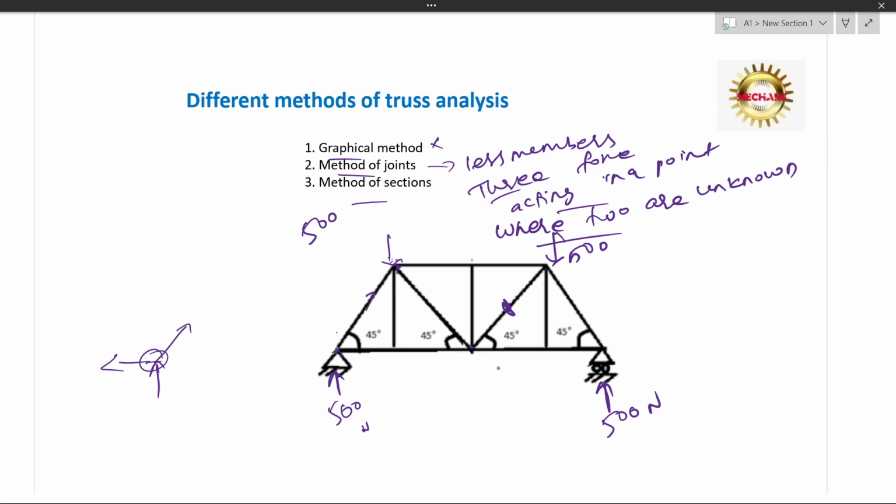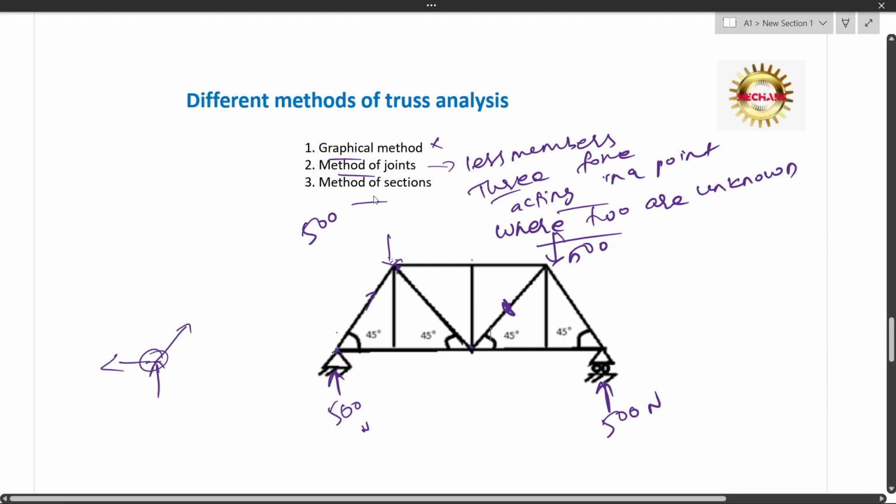That's why we use the method of joints only when fewer members are acting in a truss and the number of unknown forces is small. Then only we should use the method of joints.